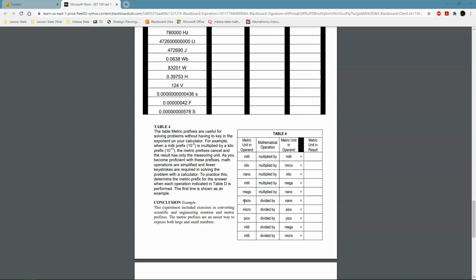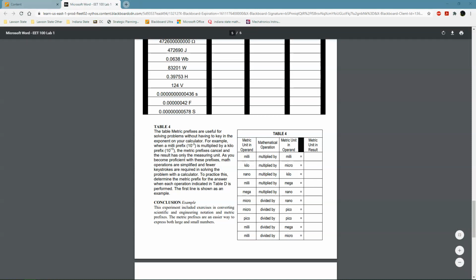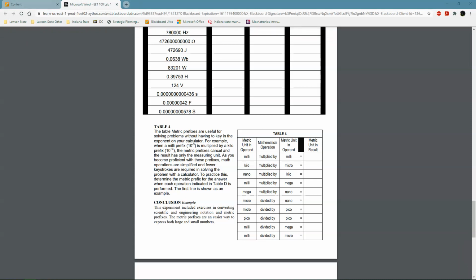So what this would be is -6 plus 9. So you would end up with kilo as the metric unit result. For milli multiplied by milli, so that's -3 plus -3, which would be a -6. Y'all see where I'm going with this?